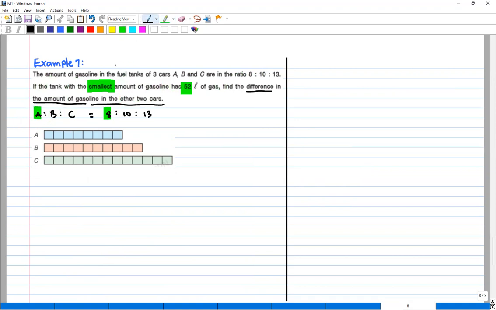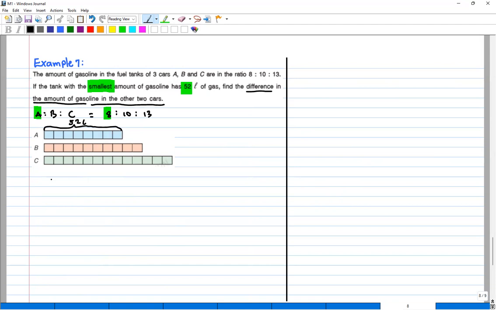So it means that A has got 52 liters. Now, if A has 52 liters, how many liters do we have in each part?